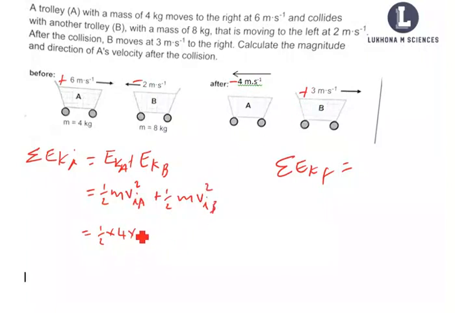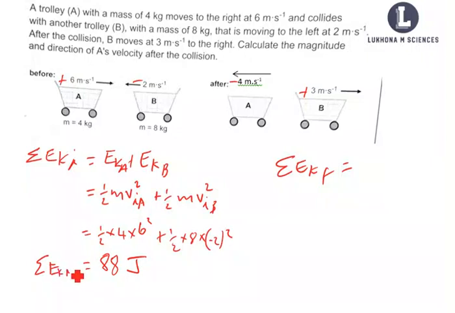So the velocity of A is positive 6, so 6 squared, plus 1 over 2 times the mass of B, which is 8, times the initial velocity of B, which is minus 2, squared. Then let's press the calculator here. So the answer is 88 joules. That is the sum of the kinetic energy initial.